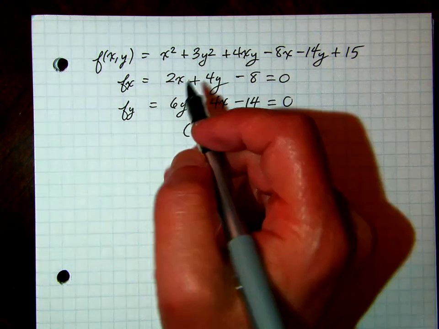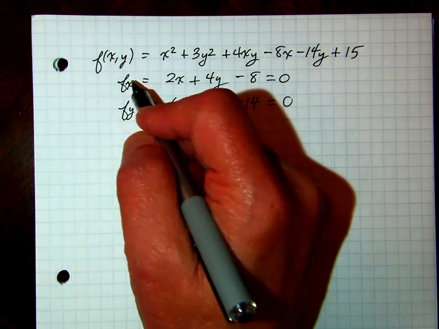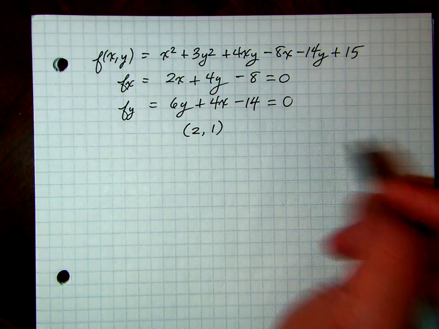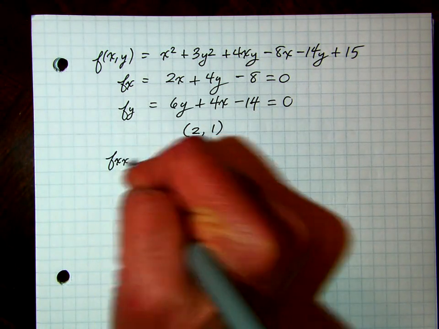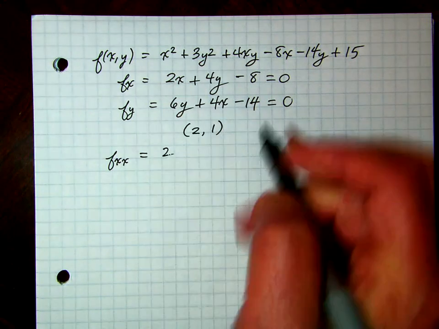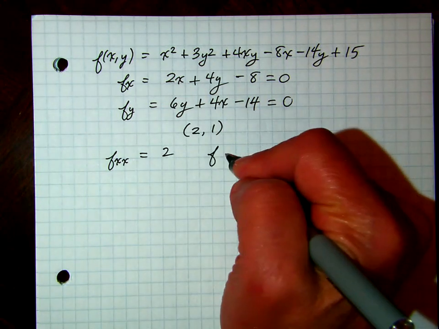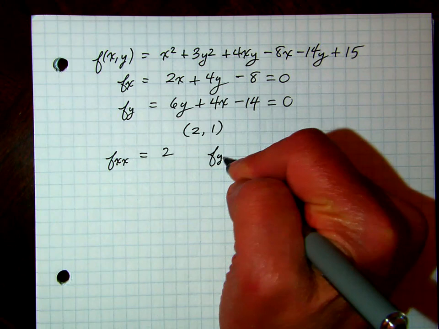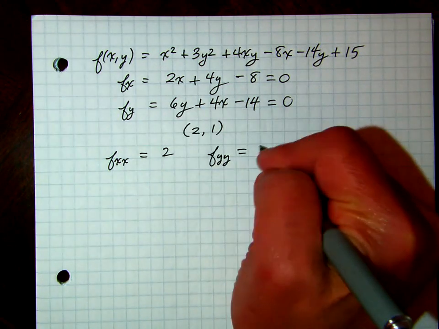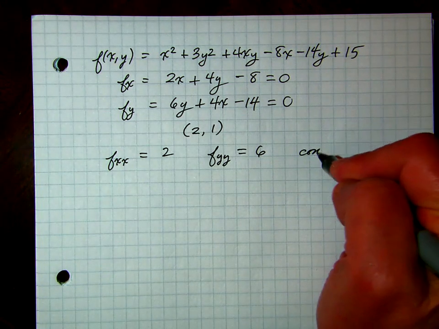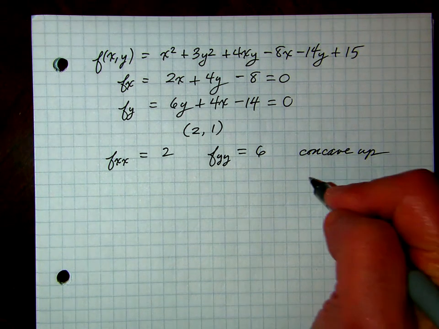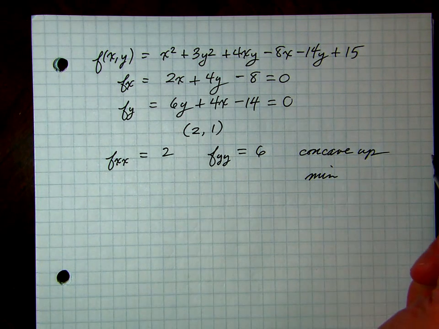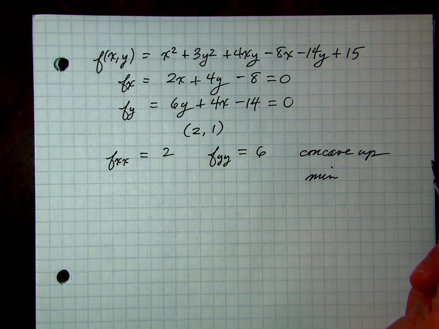Check it out. If you plug in (2, 1) into fx or fy, you will get 0. If you look at fxx, you get 2. If you look at fyy, you get 6. Both of these are saying concave up. So it looks like a minimum, but it's not. This is a trick problem.